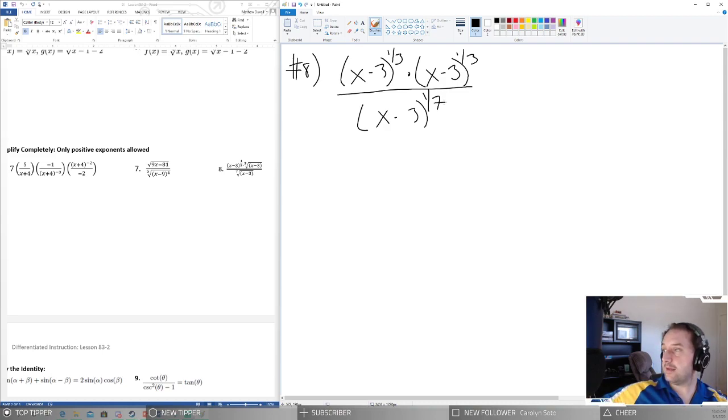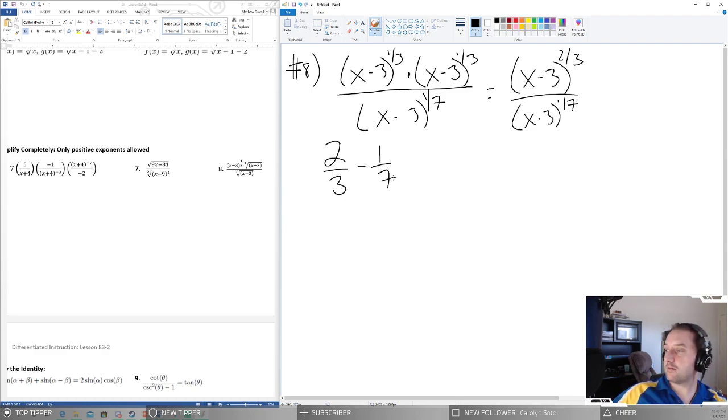Whenever we're multiplying, we add. So I'm going to get x minus 3 to the 2/3 over x minus 3 to the 1/7. And then now 2/3 minus 1/7. So we're going to get 7/7, 3/3. 14 minus 3 is 11.